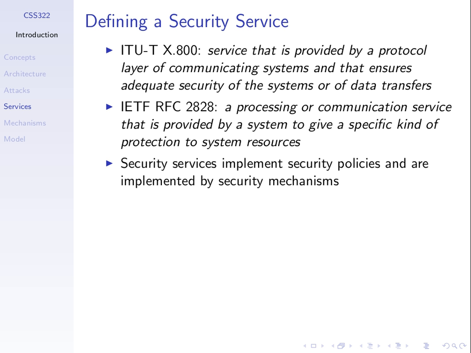So some service offered by a protocol to make sure the data transfer or the computer system is secure. A very general definition. Another type of definition: it gives some protection to system resources. Some communication service or protocol service provided by a system to give a specific kind of protection to system resources.